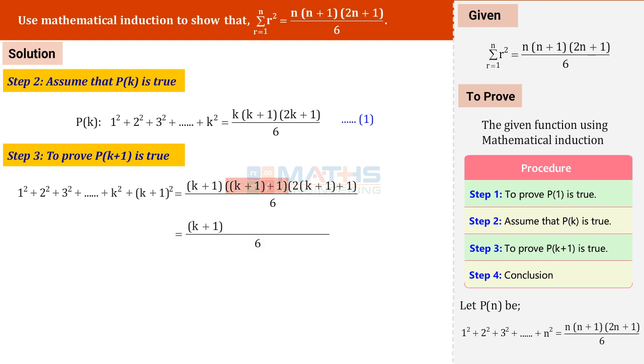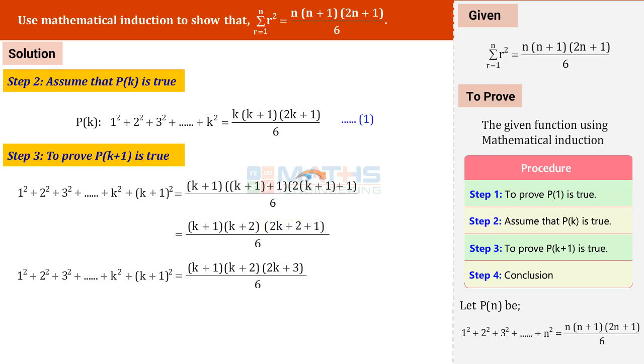Simplify your right hand side. The factors in the right hand side are reduced as k plus 1 into k plus 2 into 2k plus 3 divided by 6. Now we have to prove this one.